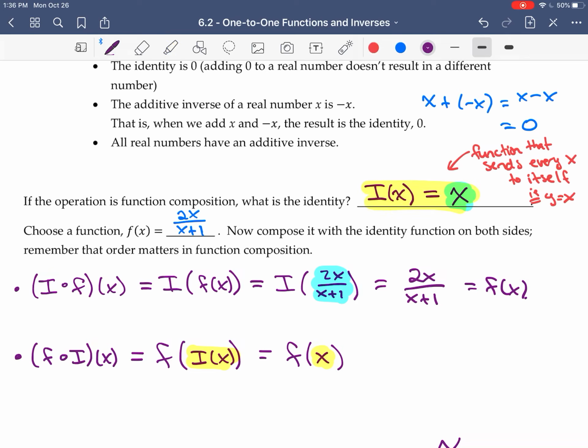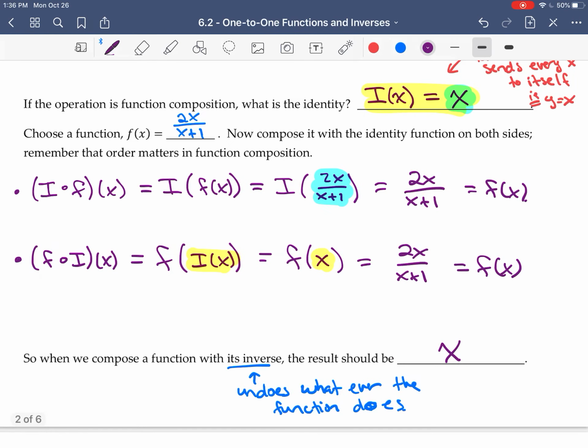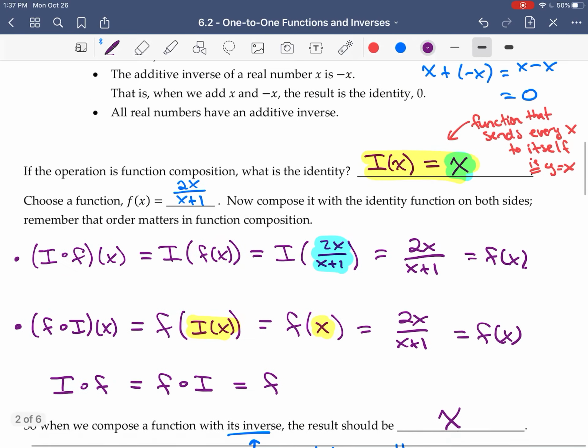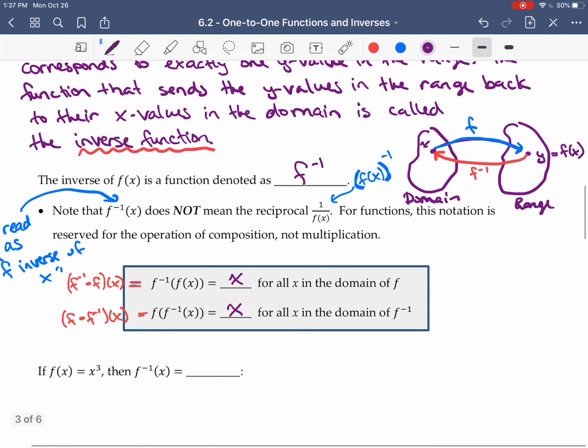So that's just f of x, which is 2x over x plus 1, which is also f of x. So we see that I compose with f is the same as f compose with I, and they're both f. So composing with this identity function doesn't do anything. You just always get the function back. That's the nice thing about the identity.